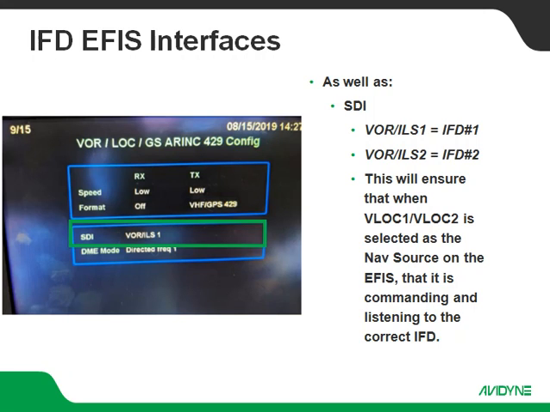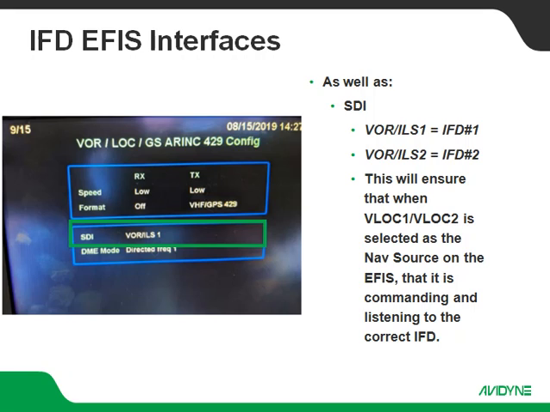And you notice that there's also an SDI setting here. So again, this would be for your EFIS system so that you can go in and select whether you want your EFIS to follow GPS 1, GPS 2, VLOC 1, or VLOC 2 would be what this setting directly is going to impact.